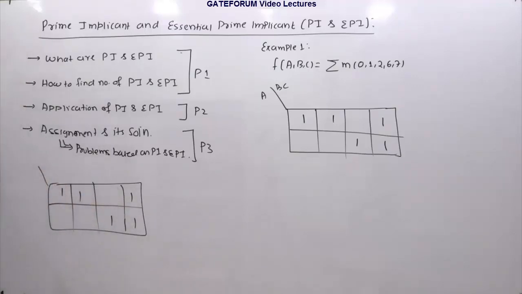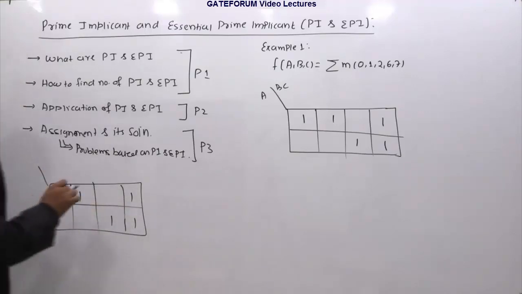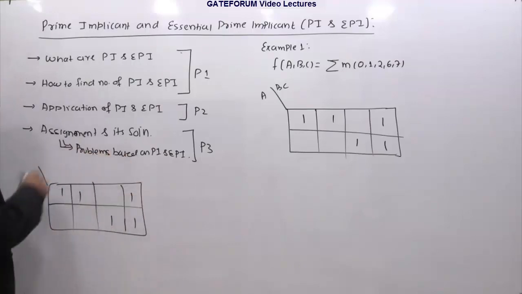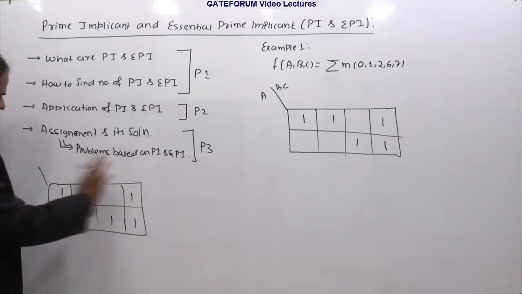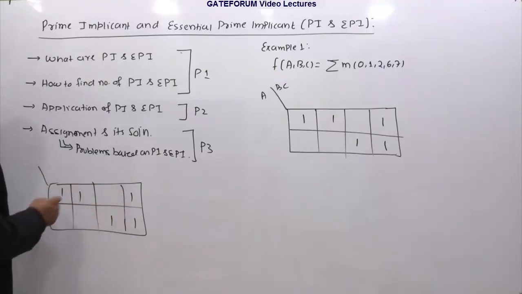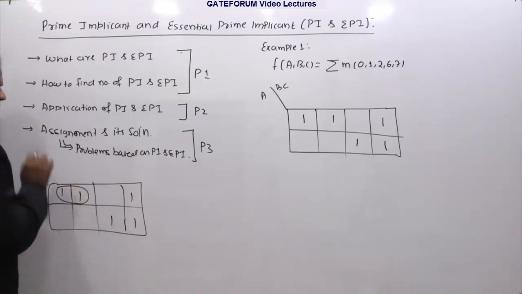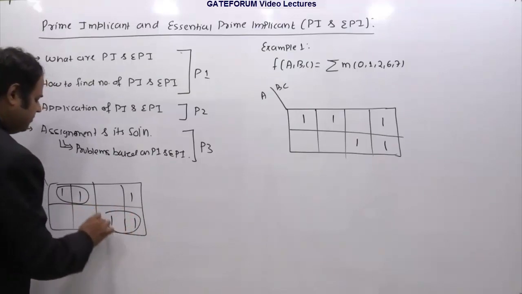Suppose I ask you to find the minimized expression, you would go for the groupings. You should first check whether an octet is possible, it is not. Whether a quad is possible, no, I don't have a quad either. Then I go for the next thing, that is a pair, a group of 2 cells. Is there any possibility? Yes, this is one possibility, and this is another.